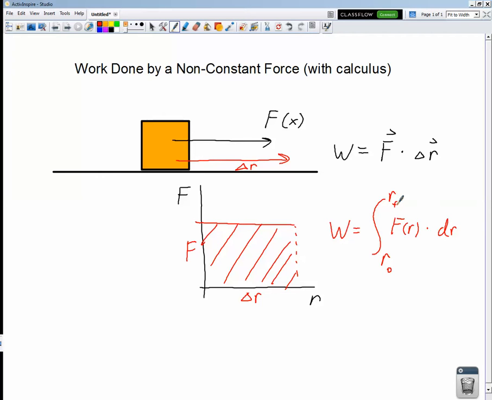So graphically then we see that the work is interpreted as the area underneath a force versus position graph, and then mathematically the work is the integral of force with respect to position.